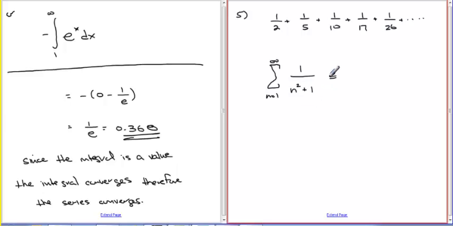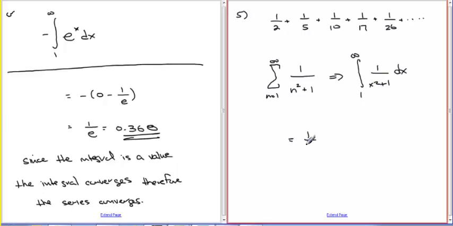So the equivalent function, we would integrate from 1 to infinity of 1 over x squared plus 1 dx. So that is an inverse trig function, the arctangent. So if we integrate that, what we'll end up with is the 1 over a.